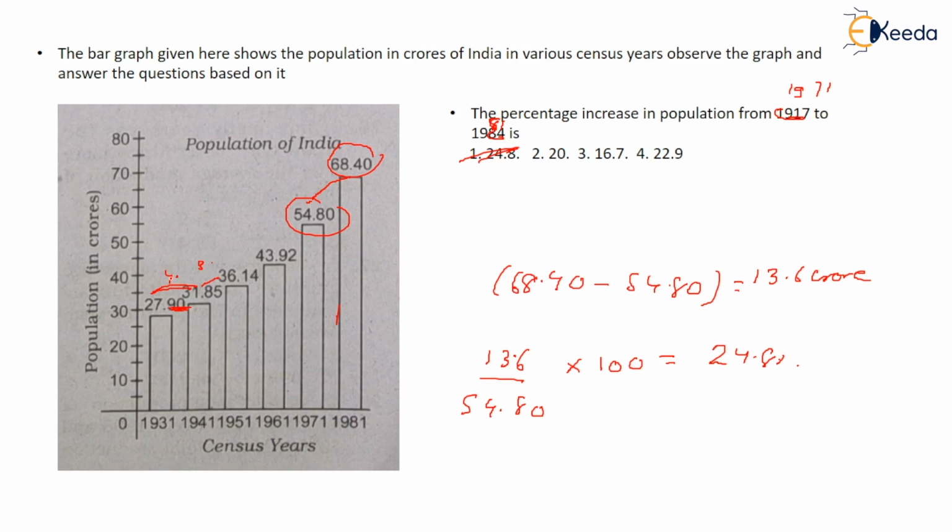Here it is 4.4, right? And here you can see an increase of almost 7, right? So you can solve it on your own. 5 upon 31.85 you can do approximately. Not even 4, even less than 4. 3.80 upon 27.90 you can do. After doing this you will come to know that this was the least.